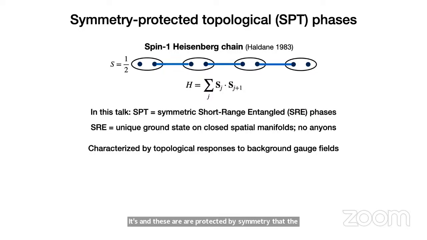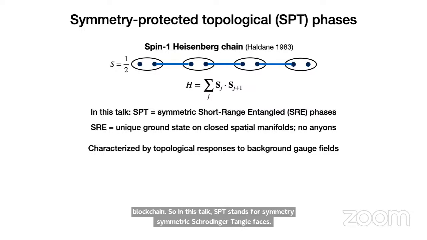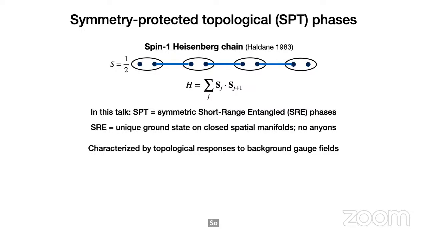And this is an example of a symmetry-protected topological phase. So in this talk, SPT stands for symmetric short-range entangled phases. So some short-range entangled states preserving a global symmetry. Okay. I've mentioned this characterization of SRE states before. It's a unique ground state on any closed manifold, no topologically non-trivial excitations.